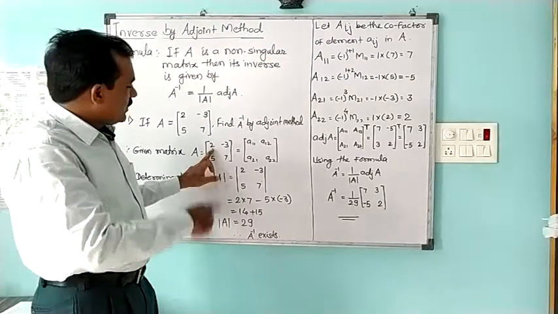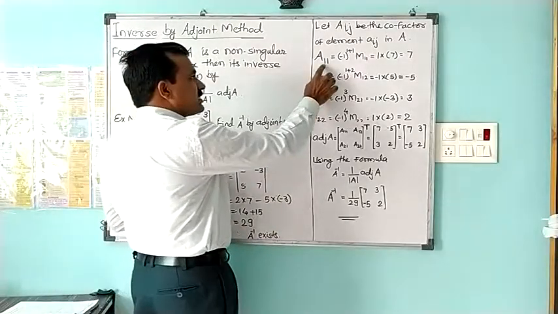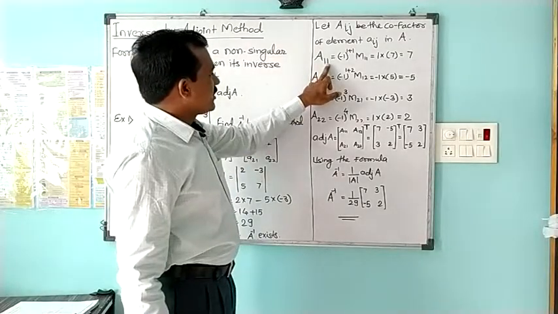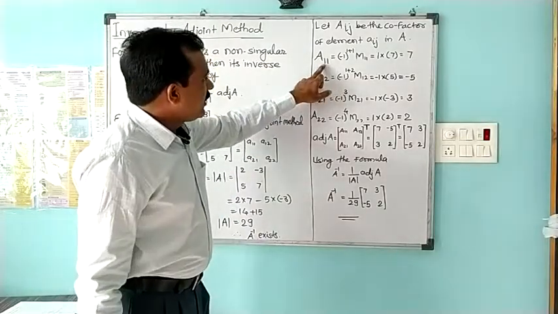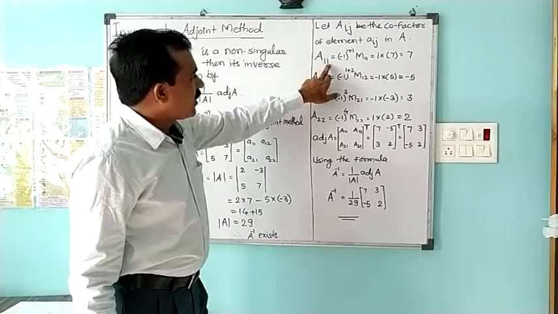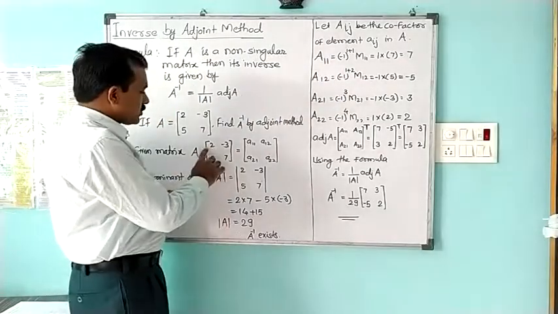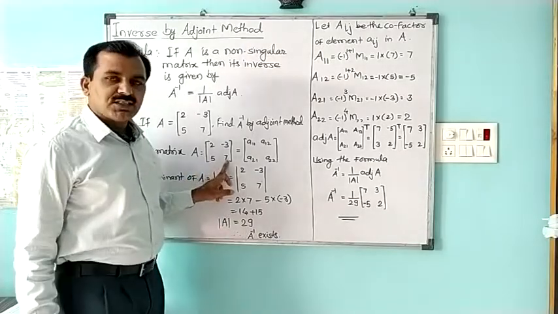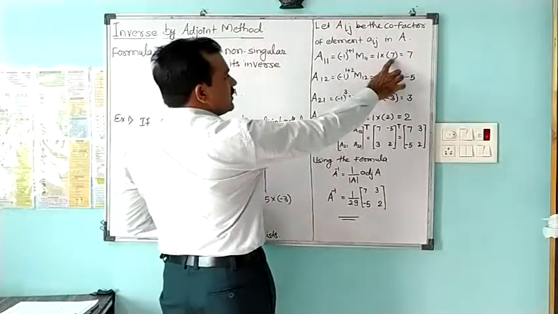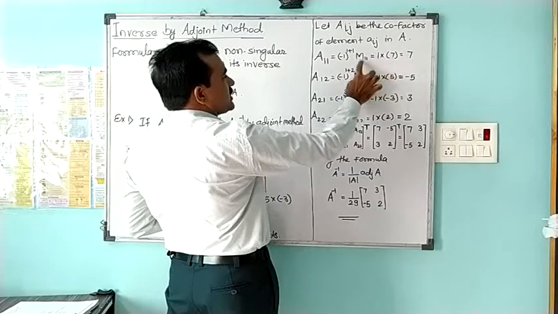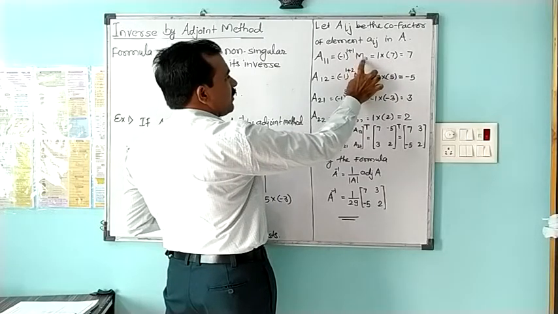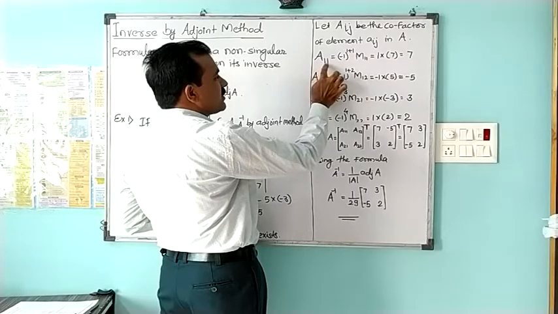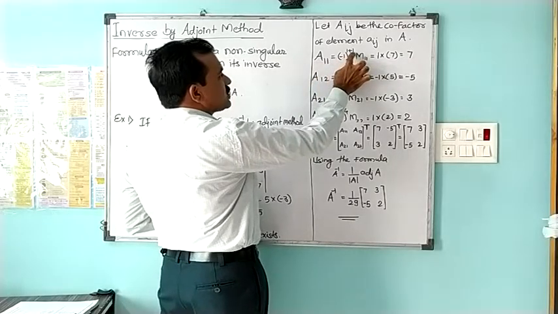To get its cofactor, the first subscript is the row and the second subscript indicates the column. We want to eliminate first row, first column from the given matrix. Eliminating first row with first column, we have one single element, that is 7. We write that 7 as the value of this minor M11, and -1 is raised to the power of the subscripts, 1 plus 1, that is 2.